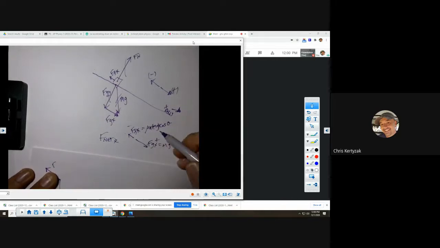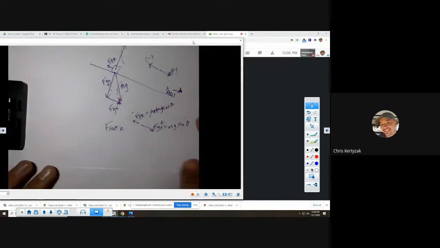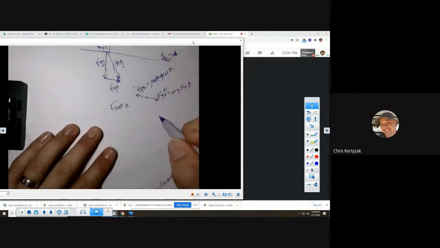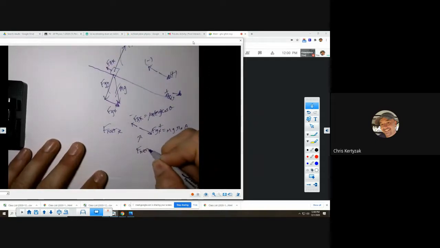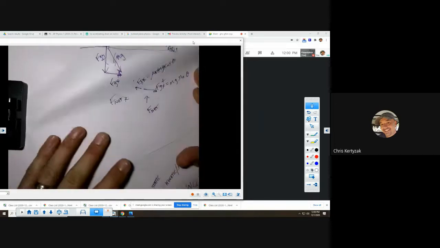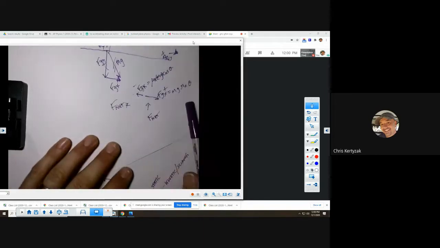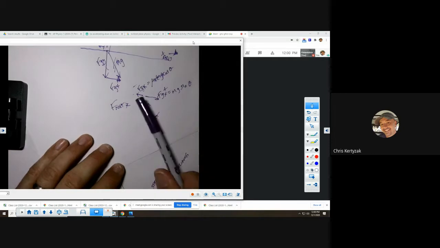I like to put mg sometimes in parentheses because it's the weight. So if someone said, what is the net force, well, if these were just sideways forces, you know it's this amount minus this amount. This is 10 newtons and this is 2 newtons. It's 10 minus 2, it's 8 newtons.